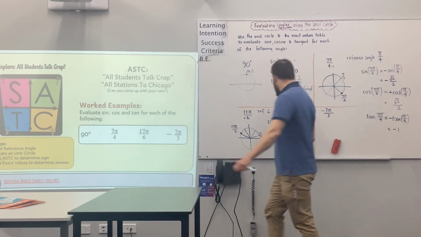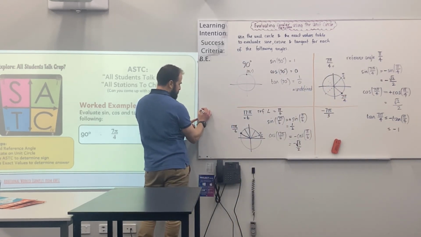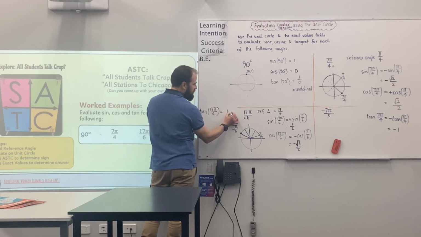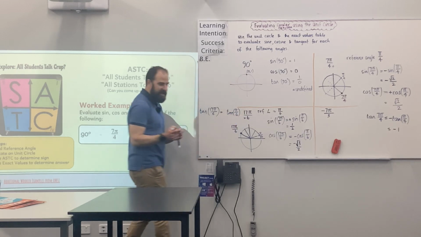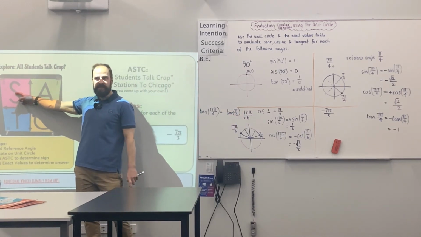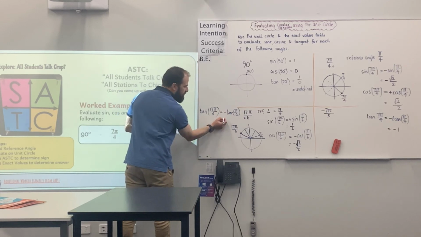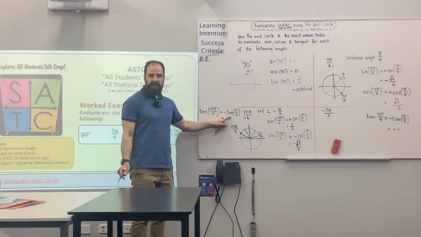And because I've run out of space, I'm going to chuck tan over here. Tan of 17 pi over 6 has something to do with tan of pi on 6. In the second quadrant, is tan positive or negative? Negative. So I stick my negative in. And then I look up my exact values table.